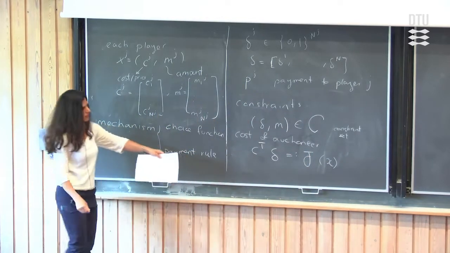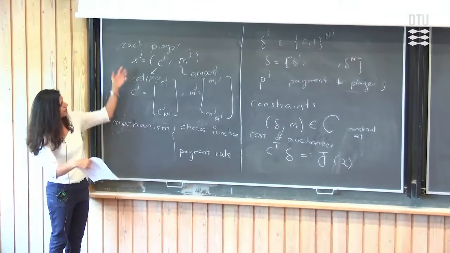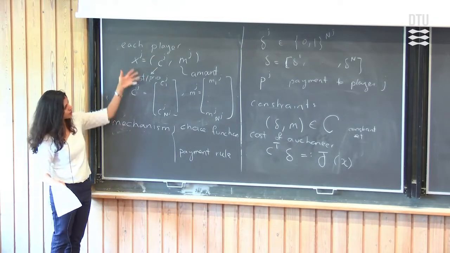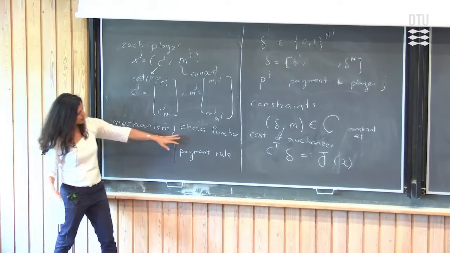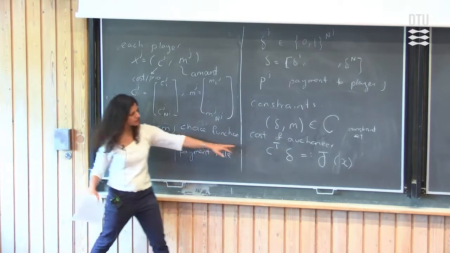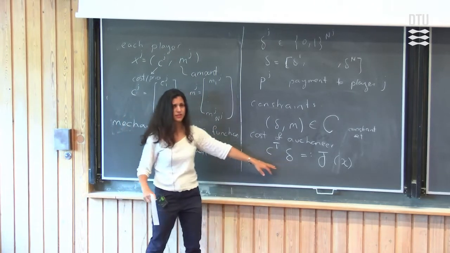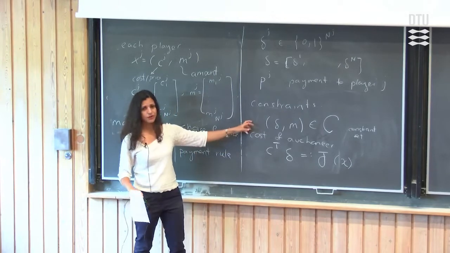So let's just see what's happening. The players are giving the prices and the amounts, each player giving a vector. The auctioneer has a choice function which decides which bids are accepted, and the way it does this normally is by minimizing this function subject to some constraint.